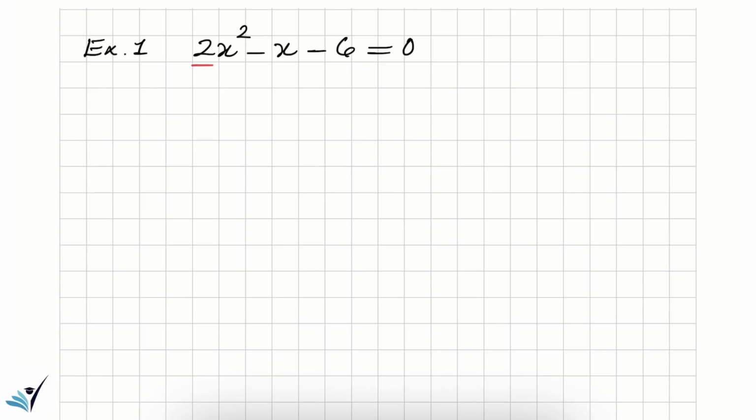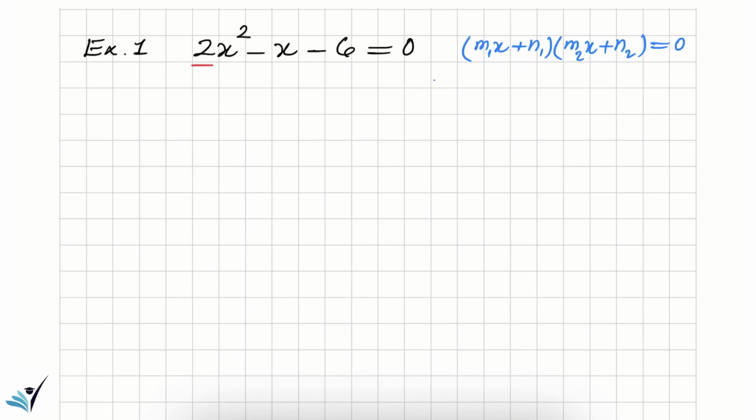As a reminder, I'm going to rewrite the factored form here. It was (m1 times x plus n1)(m2 times x plus n2) equals 0. And the multiplication is obtained by applying the distributive property.